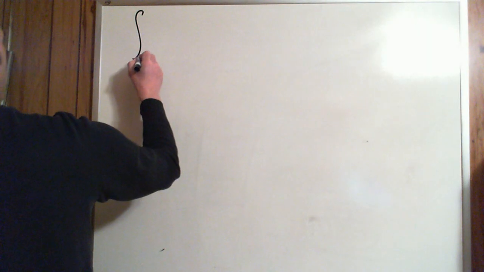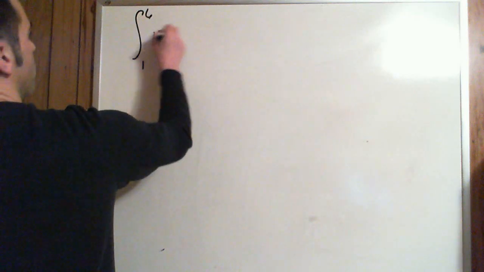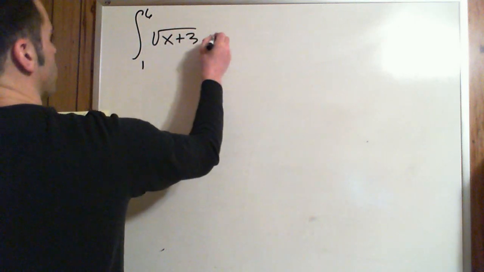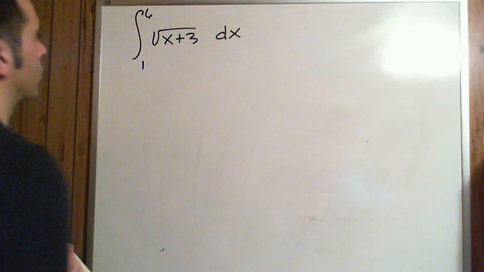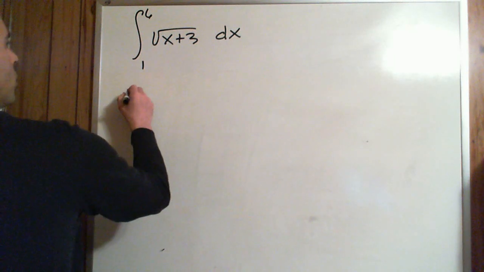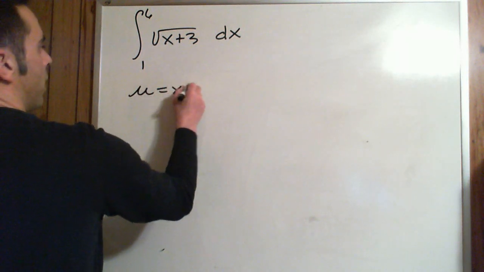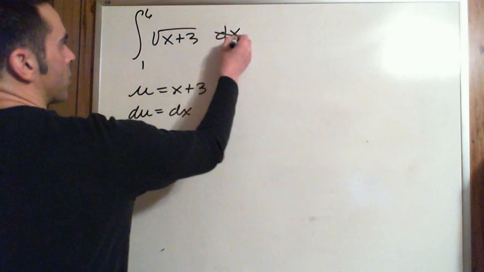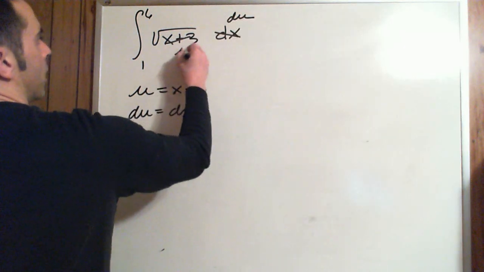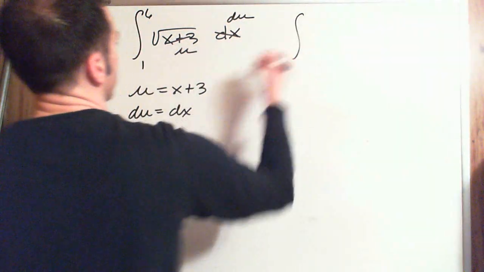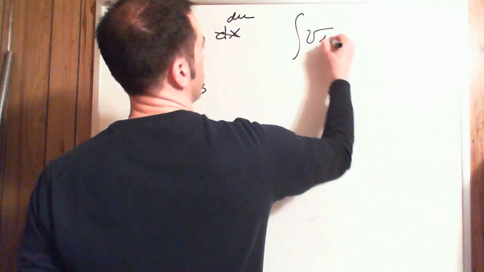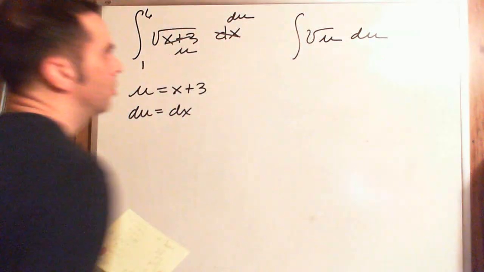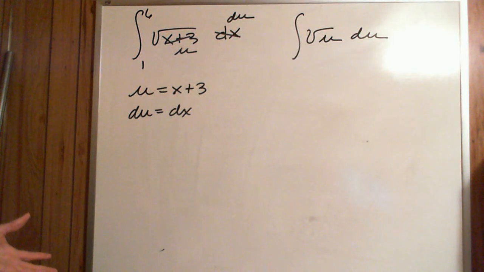Another one. The definite integral from 1 to 6 of the square root of x plus 3 dx. So u will be equal to x plus 3, du will be equal to 1 dx, and this becomes the indefinite integral of root u du. So again, just ignore the limits of integration for right now.